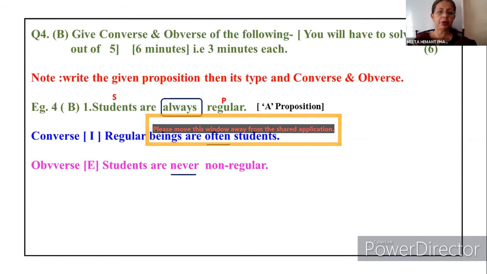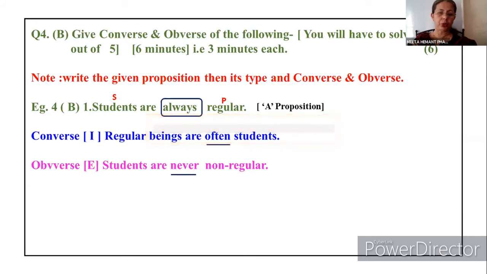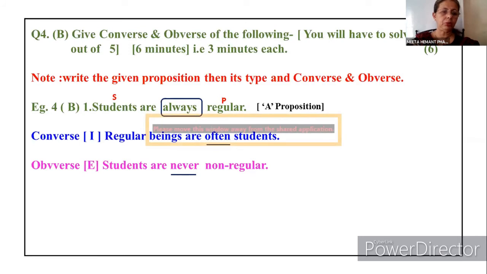So what is the predicate? Regular. What is complementary to the class of regular? It will be non-regular. So all these things are important while doing converse and obverse. You have to mention there which is the converse and which is the obverse.